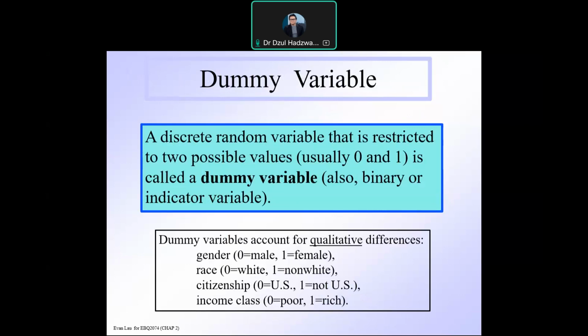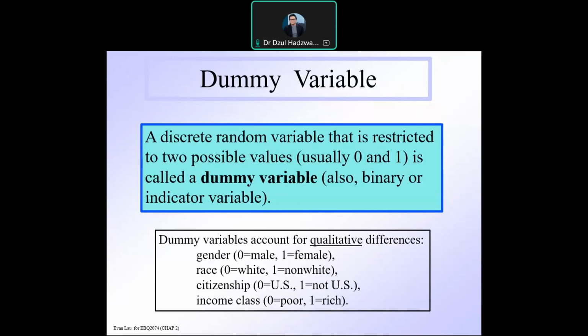For example, female equals 0, male equals 1. In this case, actually, male can also be 1 and female can also be 0. Okay, it does not matter. Meaning to say that 0 or 1 has no meaning here.